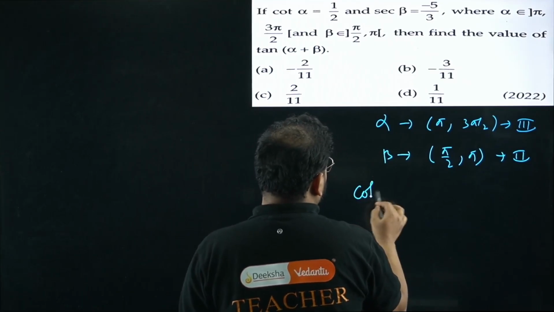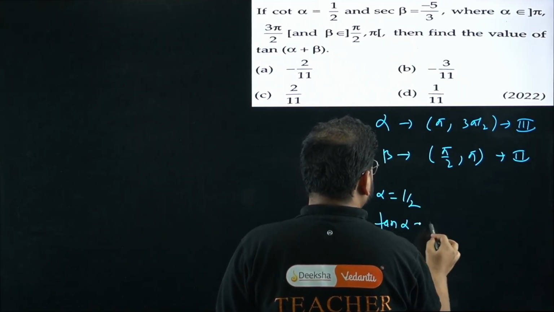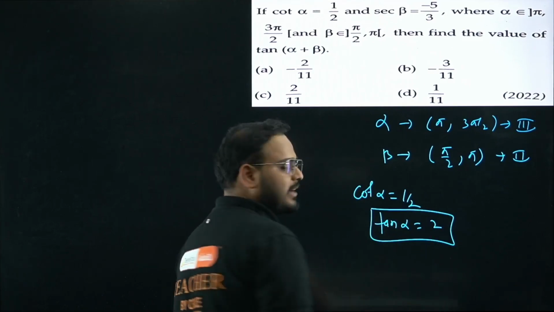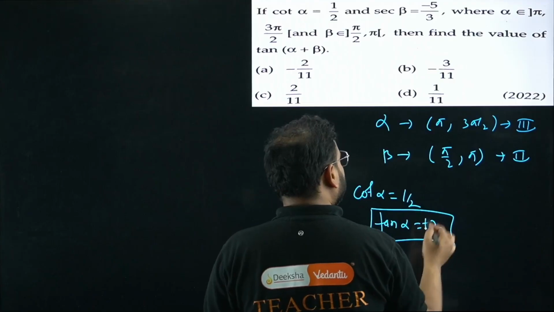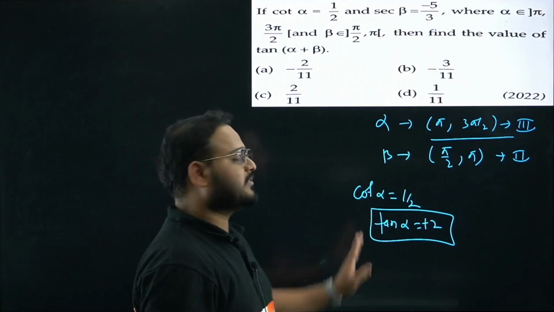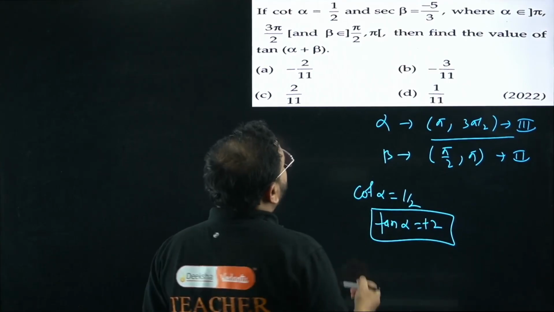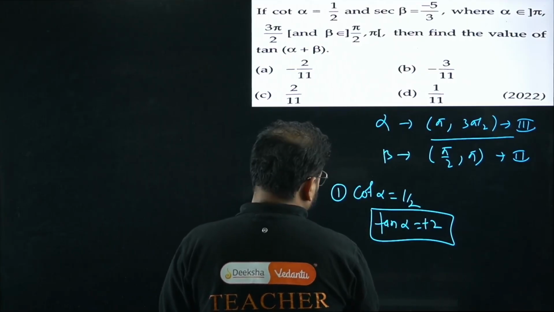Please check now. So cot alpha is given as 1 by 2. So tan alpha will be simply 2. This is the value of tan alpha, correct? So tan alpha is 2, will it be positive or negative? Positive, sir. Reason being, please check, third quadrant. Alpha is in the third quadrant, it means tan is positive there. Great. Now let's look at sec beta. I'm going to use this to get tan beta.